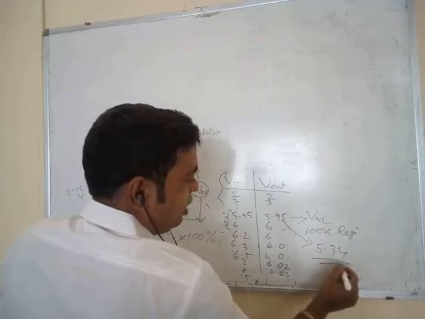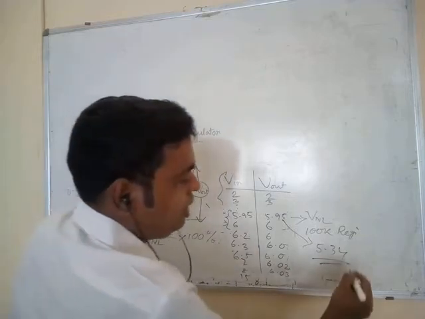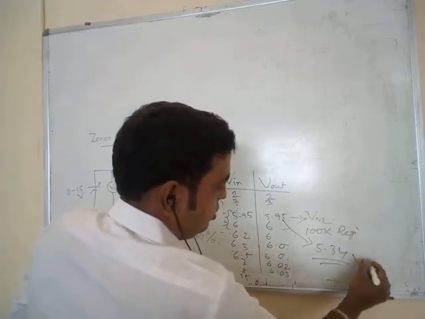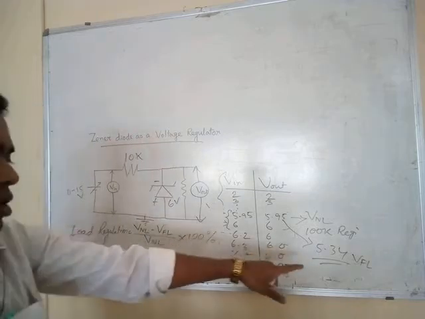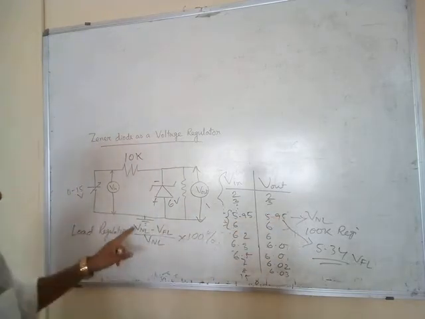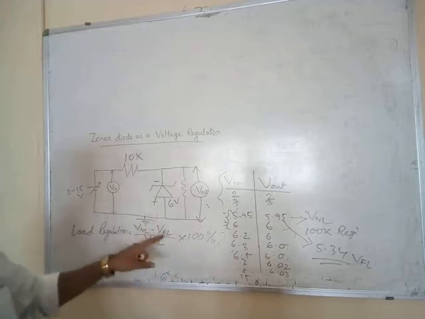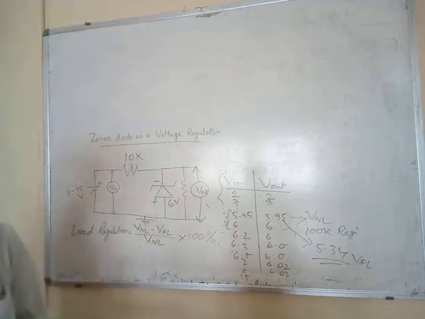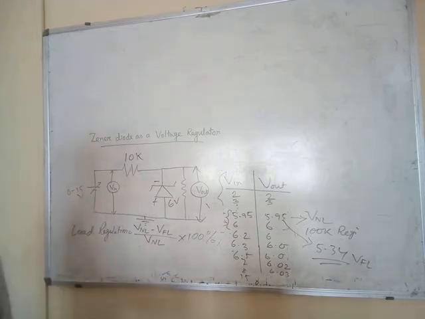So this 5.34 is called VFL. So we put the value VFL, that is 5.34, here, and VNL, that is 5.94, here. We calculate and get the load regulation. Now we go to the kit to see the performance of this circuit.